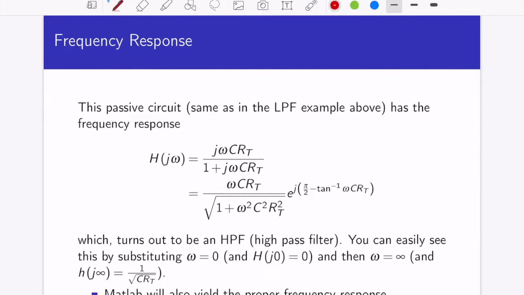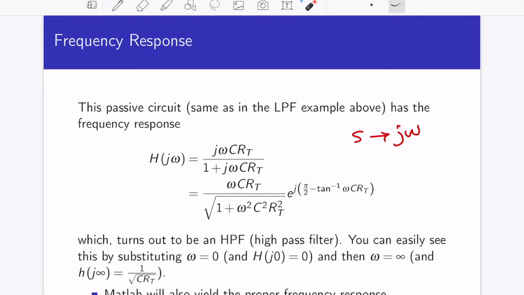Okay, let's now substitute J omega for S, and we get H of J omega, the frequency response, will be J omega CRT over 1 plus J omega CRT. We can write this as a magnitude and an angle that depends on omega. And it turns out that this is a high-pass filter.